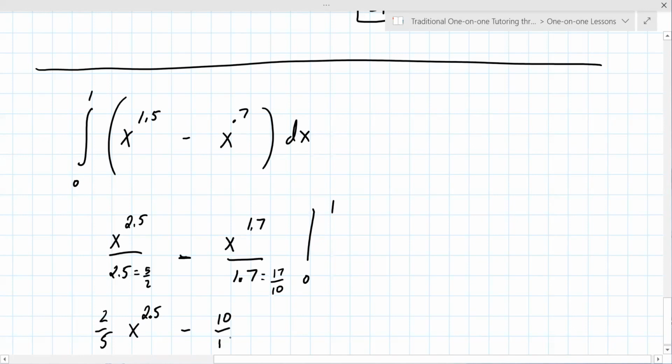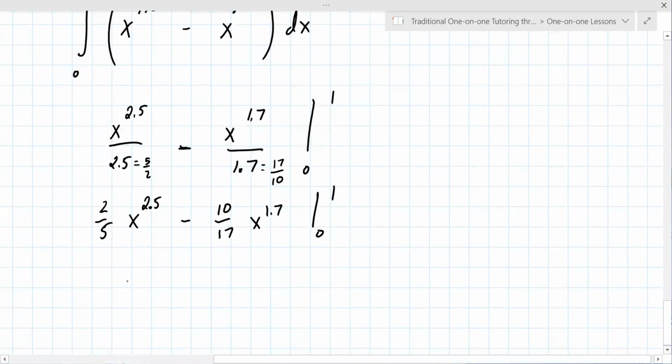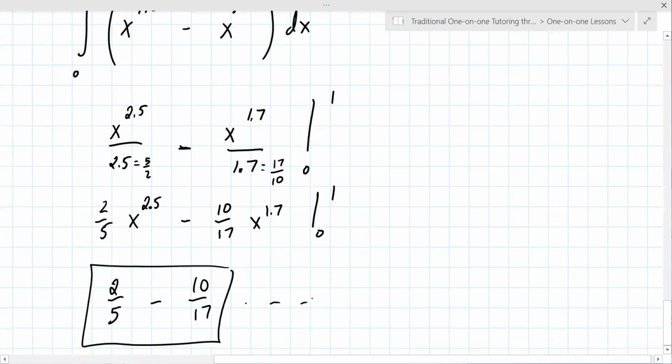So it's 10 over 17, x to the 1.7, evaluated from 0 to 1. So it's 2/5 minus 10/17, basically. We'll skip the combining of that because I just made some bad numbers in there.